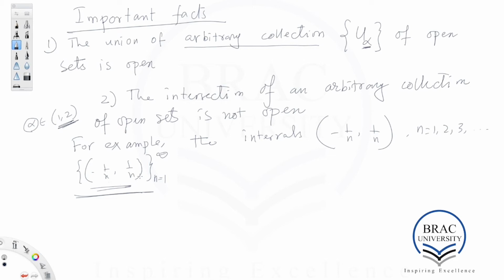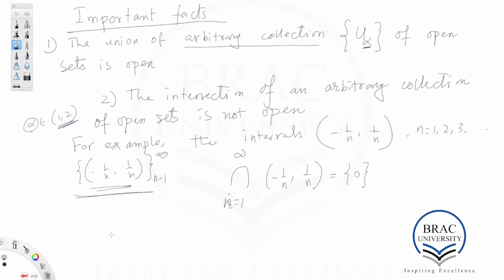So each element of this collection is an open set in R, but their intersection, over n, of (minus 1 over n, 1 over n) is equal to the singleton 0.